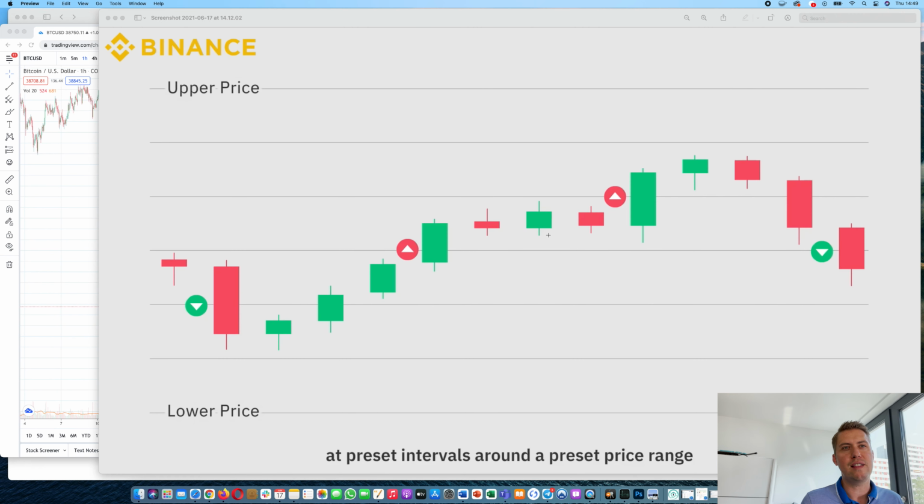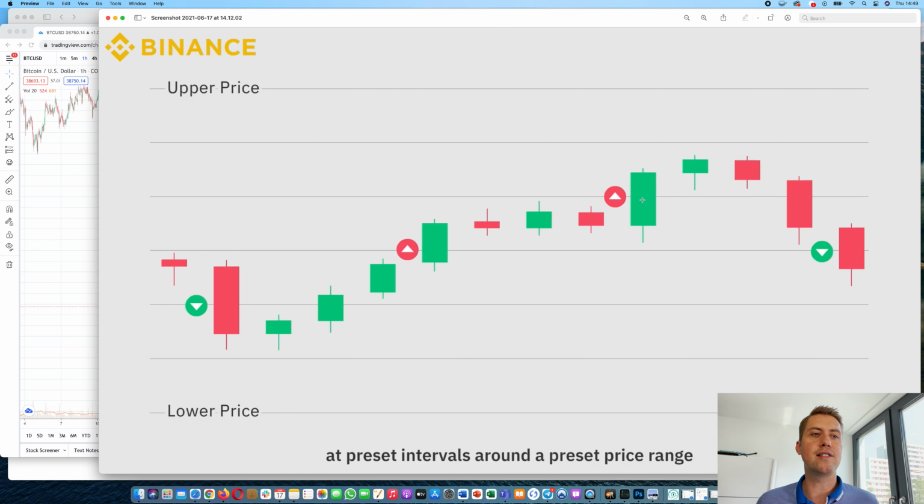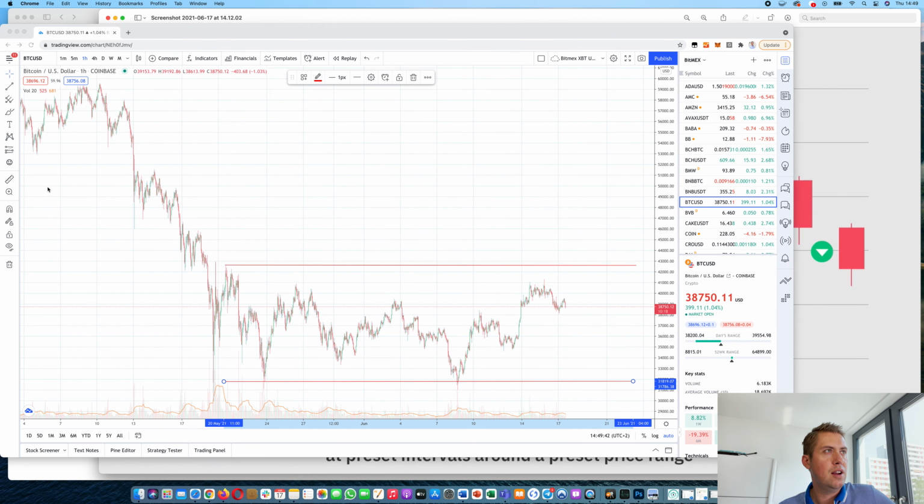In this other picture you can see that if the price drops, the bot is buying, and if the price goes up again, the bot is selling. Here are the red icons. And you can set the intervals that you want to use, like 1% or 0.5% or whatever you like.